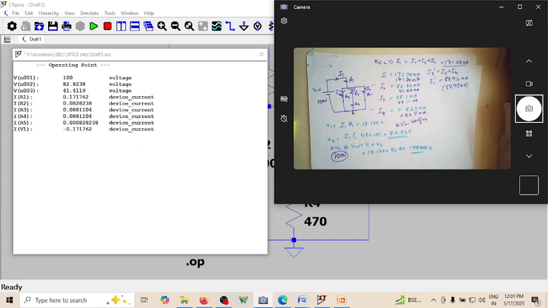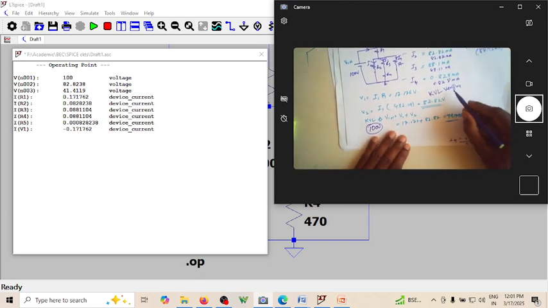Of course, you cannot see the voltage here. What all voltages you are seeing here is one is this 100 volt, that is the supply voltage, and this voltage 82.88 is actually this voltage, which is exactly this.